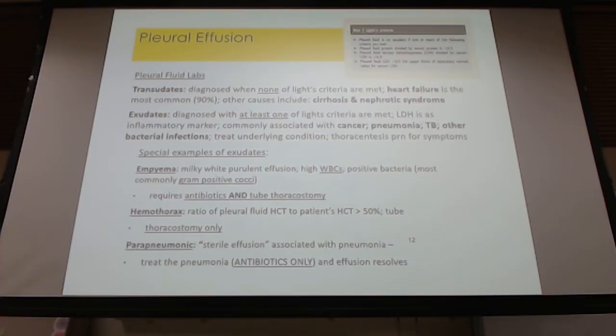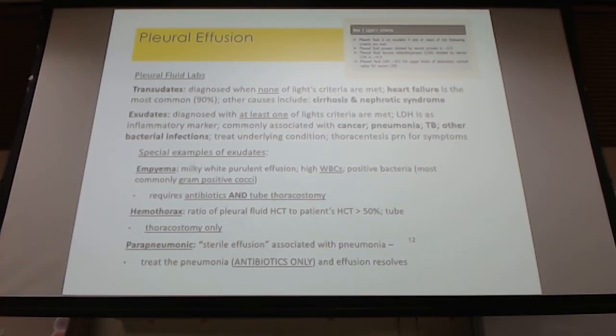All right, and just some special examples. Empyemas: if the fluid has white blood cells in it with evidence of bacteria, you give antibiotics and you drain it. If it's blood, which I won't ask you about hemothoraxes, but if it's just blood, drain it out. It's intuitive, you don't need antibiotics.